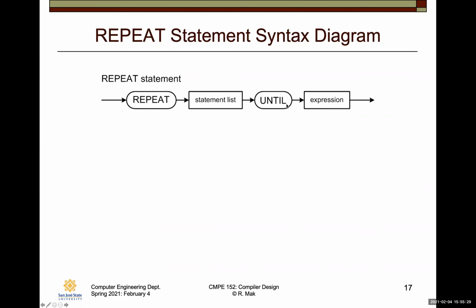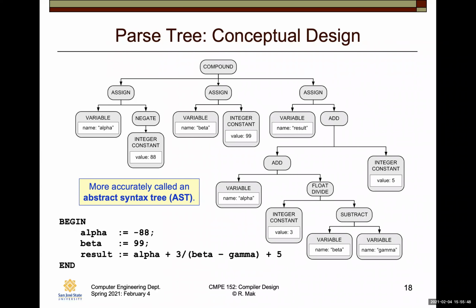All right, so this is an example of the repeat statement syntax diagram. And we can easily draw syntax diagrams for the other statements. And in fact, later on, you will see more diagrams. But I want to show you a parse tree. Remember that in the intermediate tier, you have the intermediate code and the symbol table. Now, the intermediate code can take various forms, and in this class, it's going to take the form of a tree.